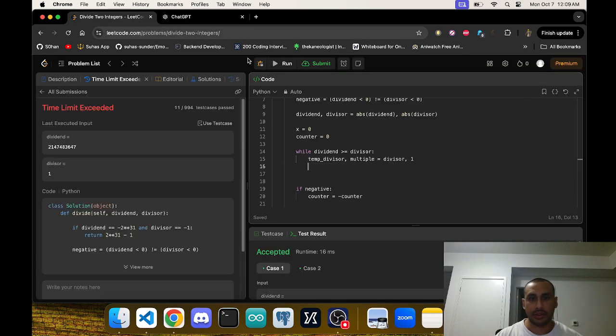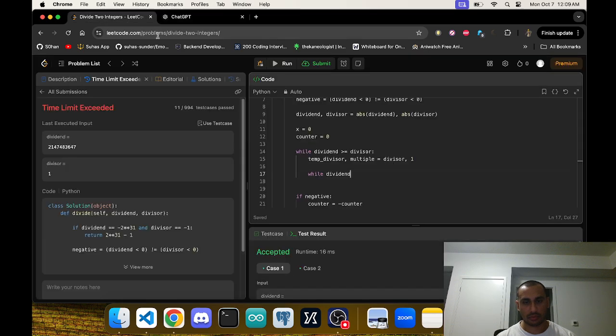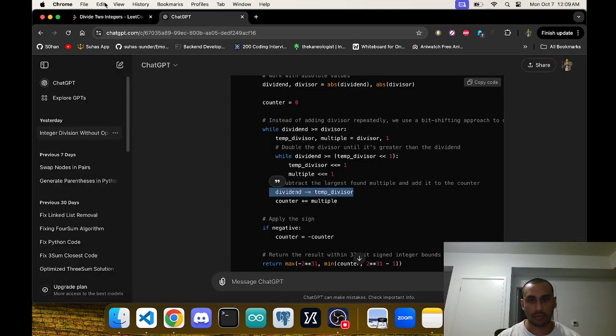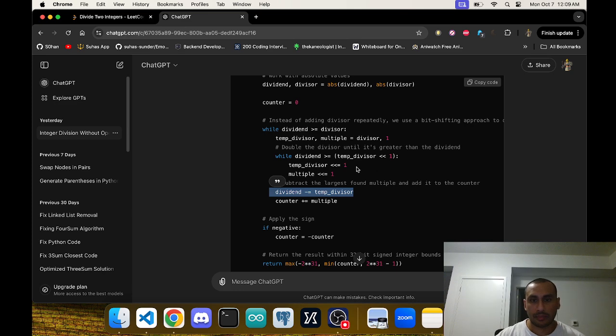And then while dividend, and then we go temp divisor, multiple.